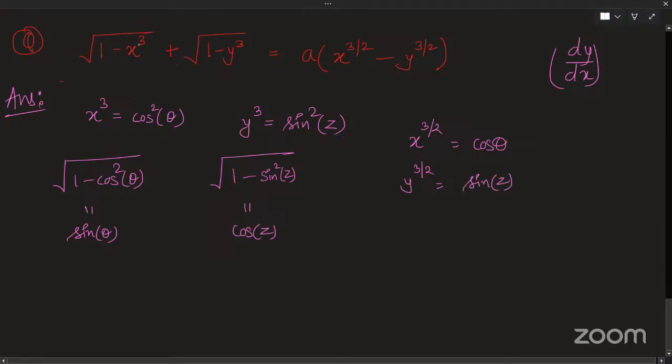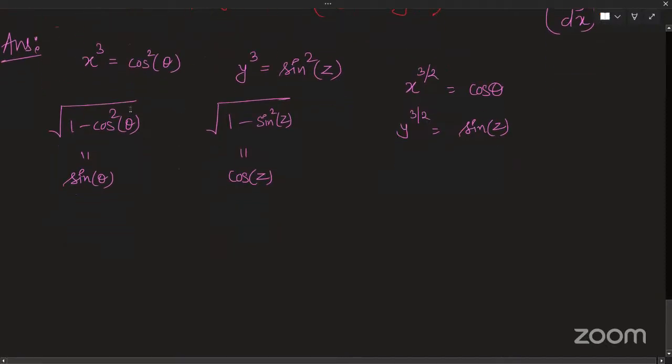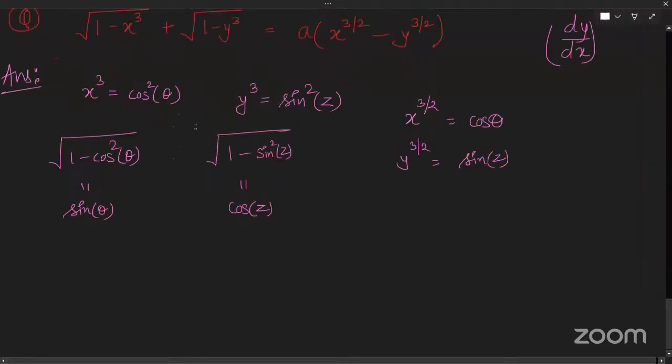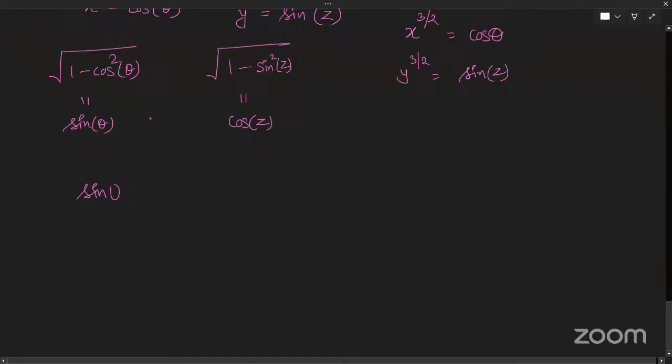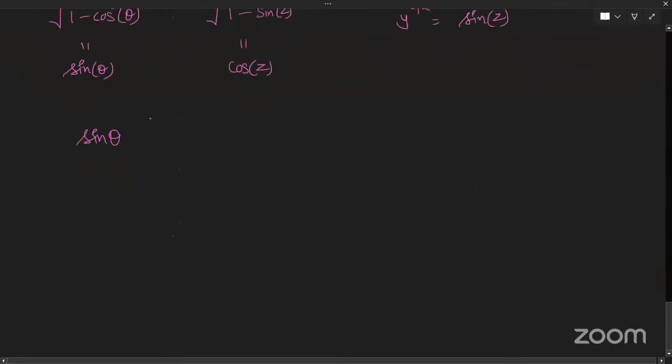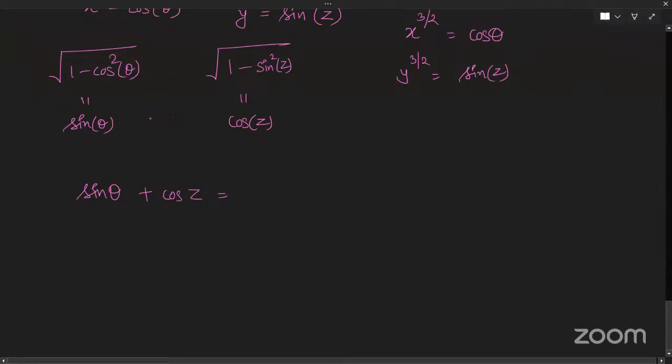So now you have just got your two parameters, theta and z. And in these two parameters, you will need to resolve your equation. So your final equation will be sine theta plus cos of z is equal to cos theta plus sine z.